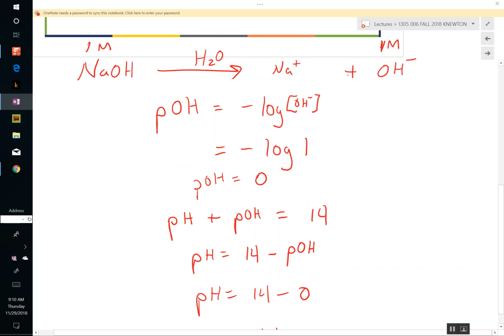The occasion that it comes in handy is when you're dealing with bases, particularly strong bases. You can easily get to the hydroxide ion concentration, and therefore the negative log of that, and then you can figure out your pH. That's the beauty of that.